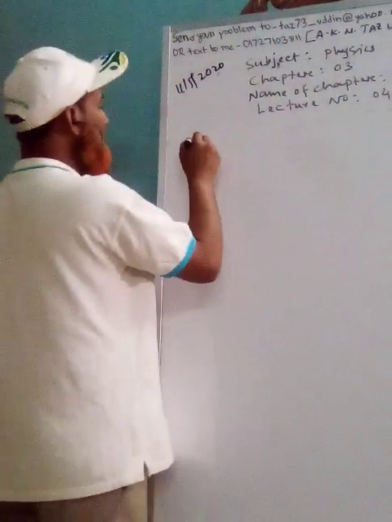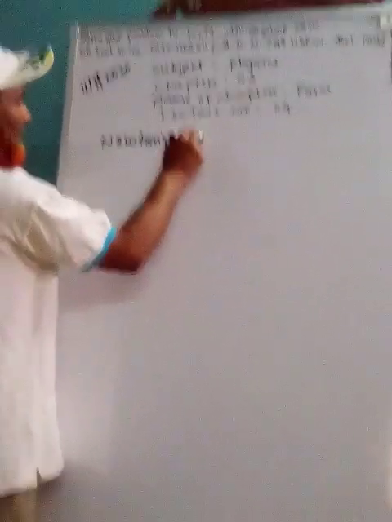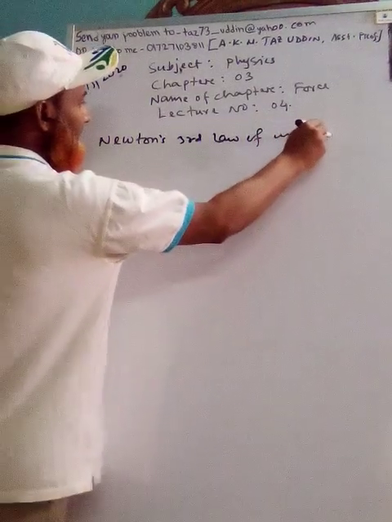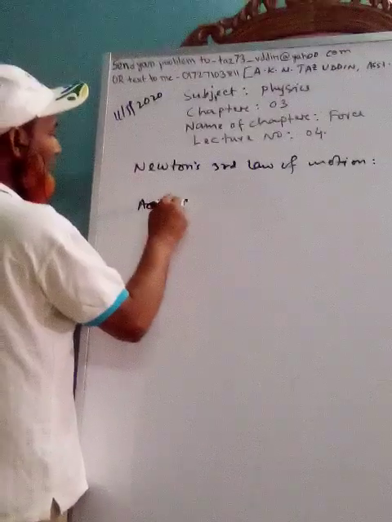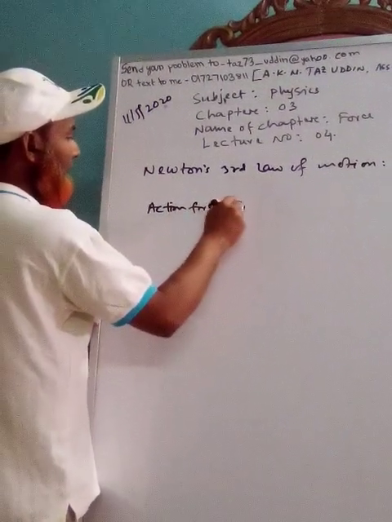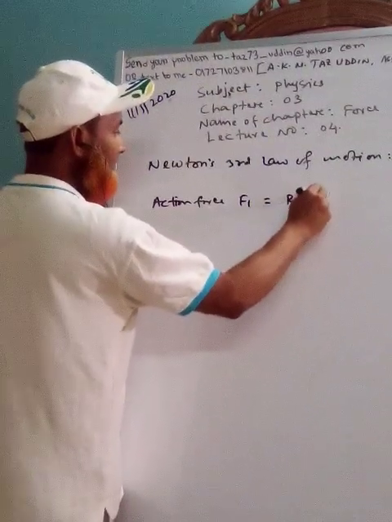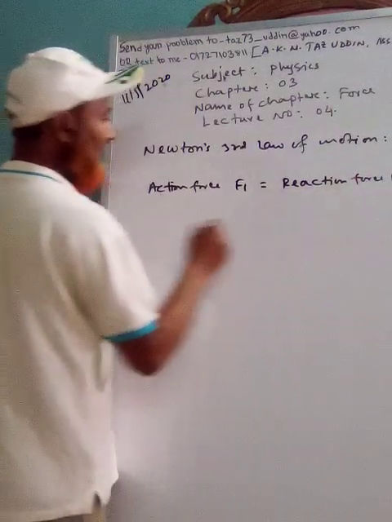Okay, my dear students, I can write Newton's third law of motion. Newton's third law of motion is action force F1 equals reaction force F2, but they are in opposite direction.